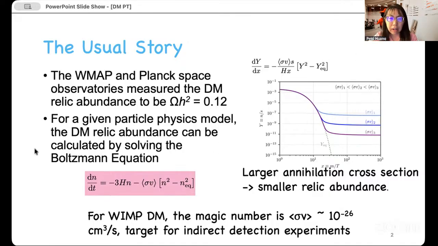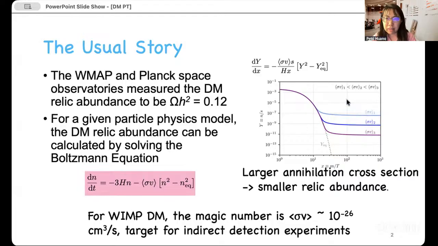So if we have a larger annihilation cross-section, that means the annihilation is more efficient, and therefore we expect smaller relic abundance. So in this plot, all three lines correspond to different annihilation cross-sections.